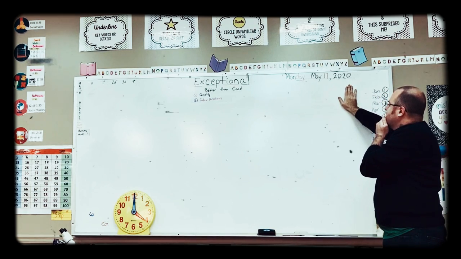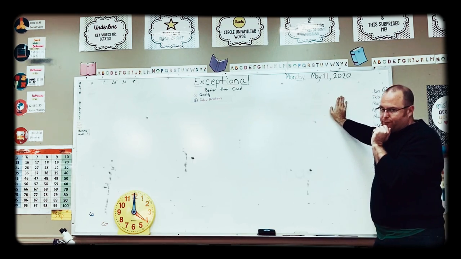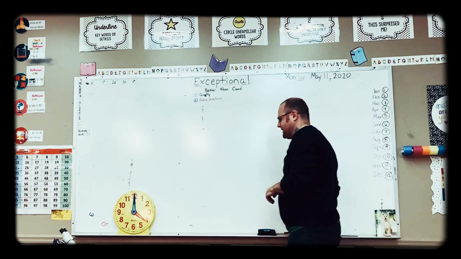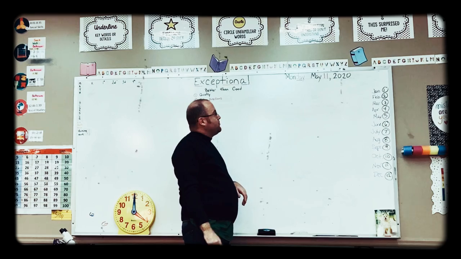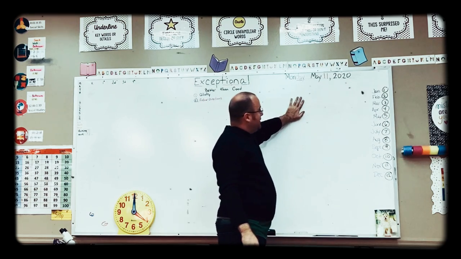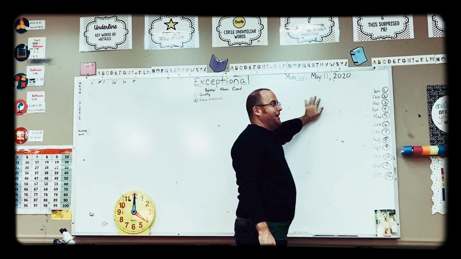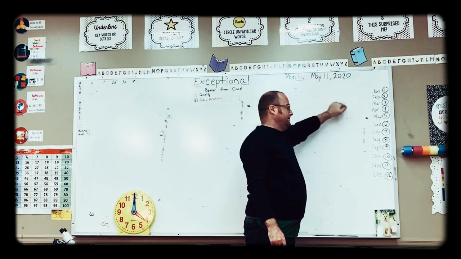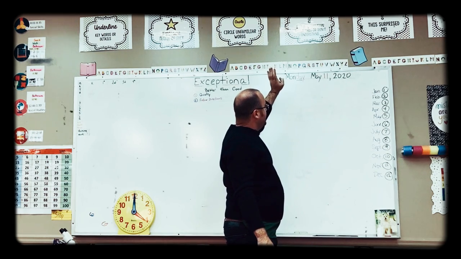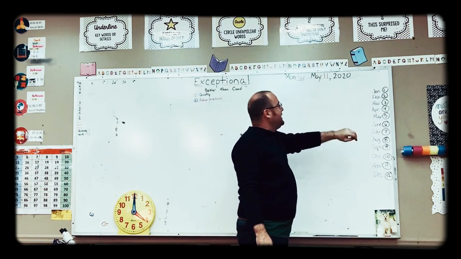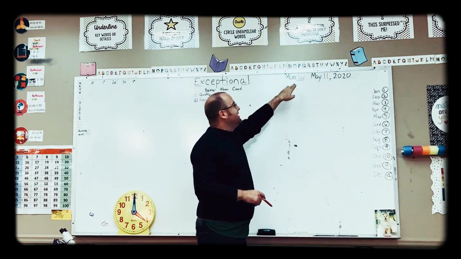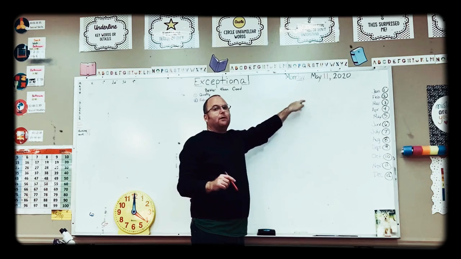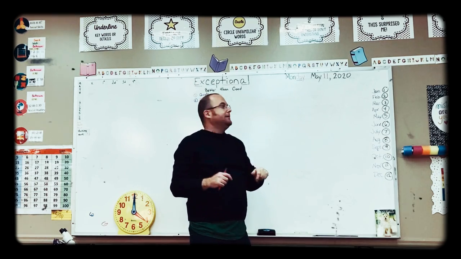Another thing that you can do is write it in short form. We talked about this in another lesson, and you guys have been doing this all year. We're going to write the month, the day, and the year. The month, the day, and the year. Now this is interesting, because we're not writing the day, we're going to be writing the date.